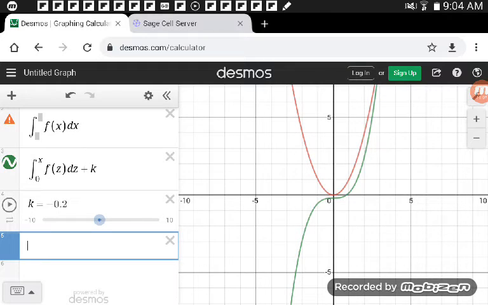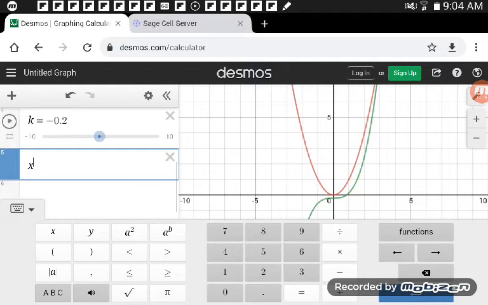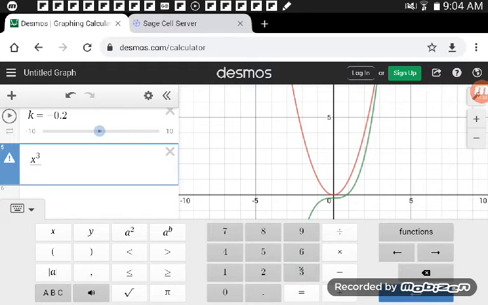And so here I'll just type in x cubed divided by 3, and there it is.